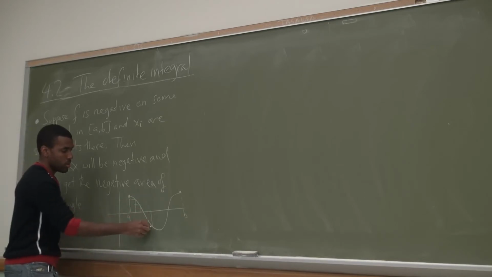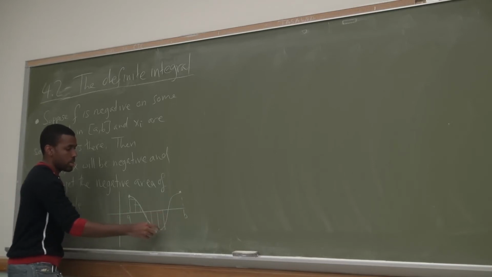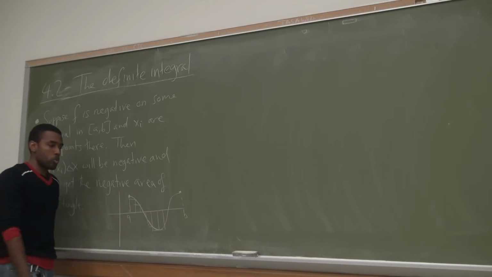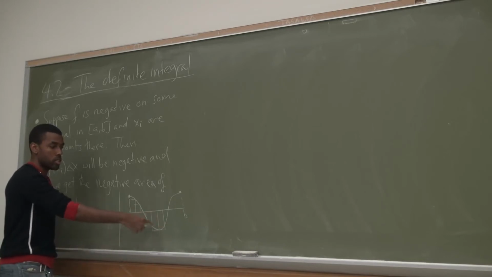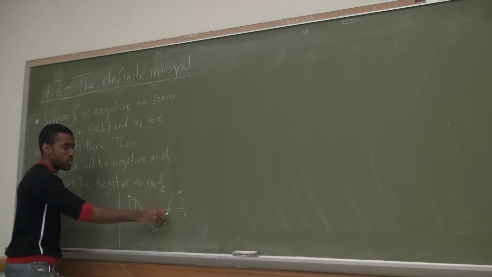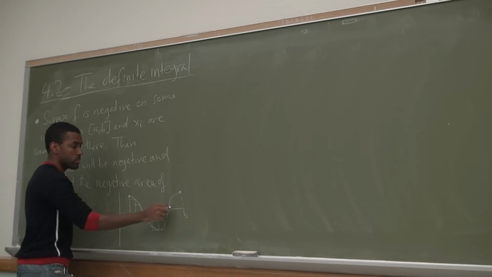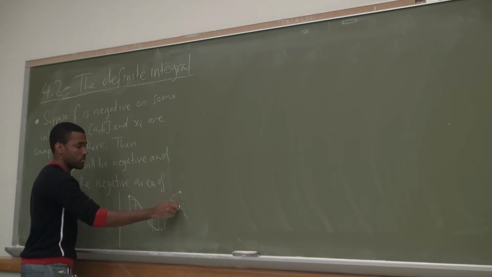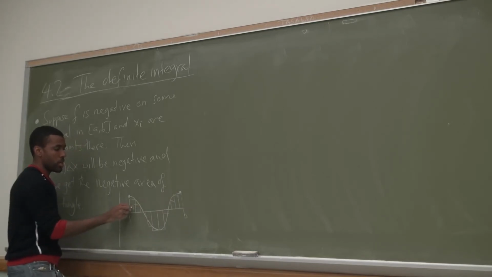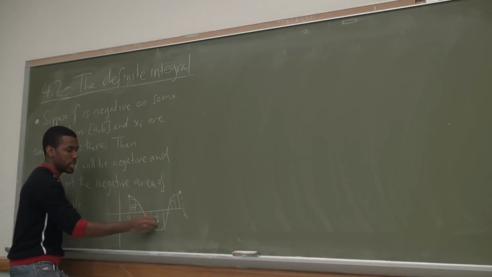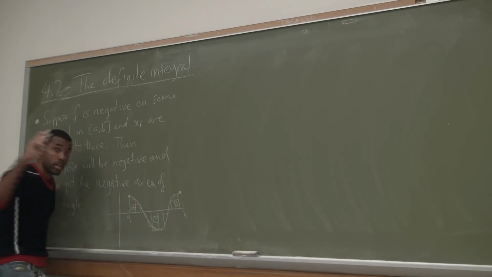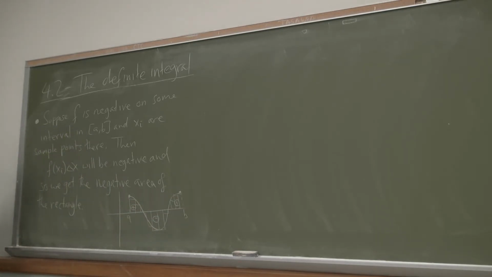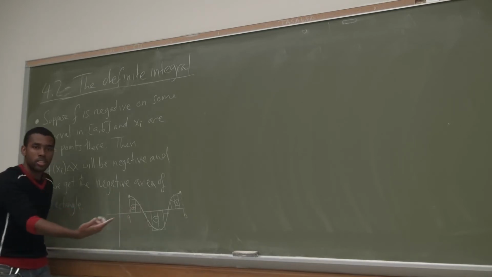However, when we're down here, now our y values are all negative. We'll be taking negative values, right? So we'll actually get the negative areas of these rectangles, right? Right, so these will all give us positive area. This will technically give us what? Negative area, right? Whatever the area is, it will be negative because the y values are negative.